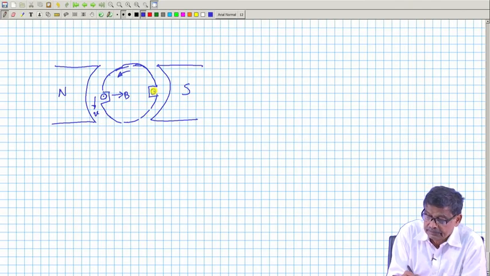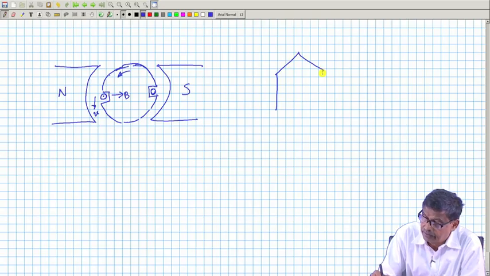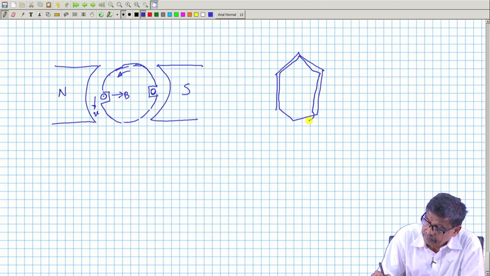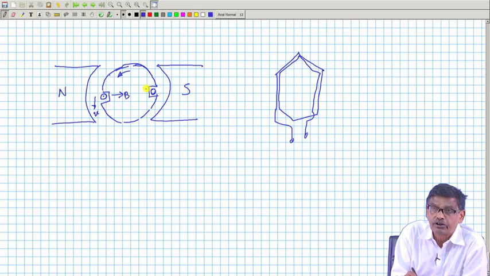That is a coil. I was telling where the coil side should be placed. Suppose it is a two turn coil. So, one coil side is here and the other coil side, in which slot should I place?